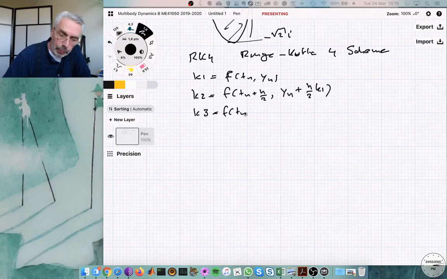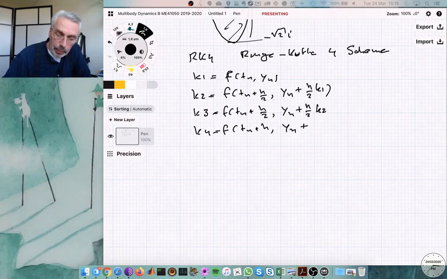In the spirit of Heun, halfway. So again, halfway I calculate everything, but now for the approximate value halfway, I do not take this slope, but I take this slope, of course. So I take h over 2 k2. So now I have this halfway point, which might be a bit more accurate, and then k4 I do again at the end point, and now at the end point I estimate it with k3, which is a sort of better estimate.